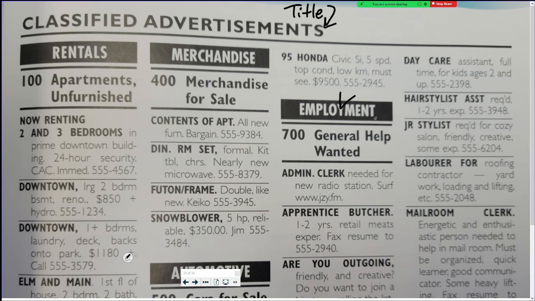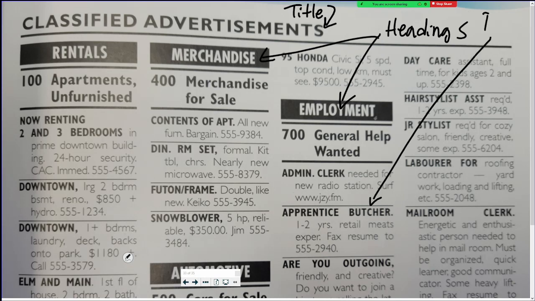We see headings. We've got dividers, right, to divide the different sections. What else do we got? We've got short forms.